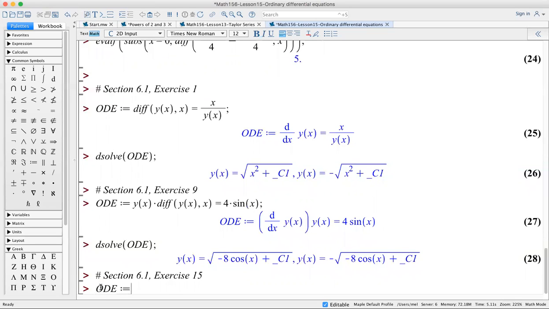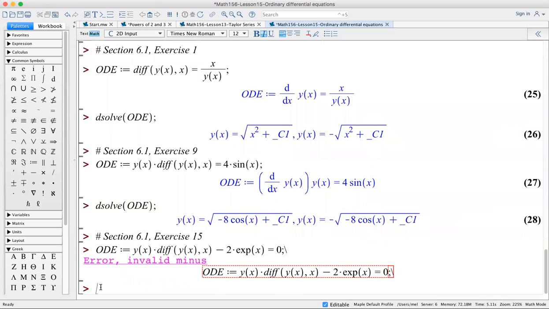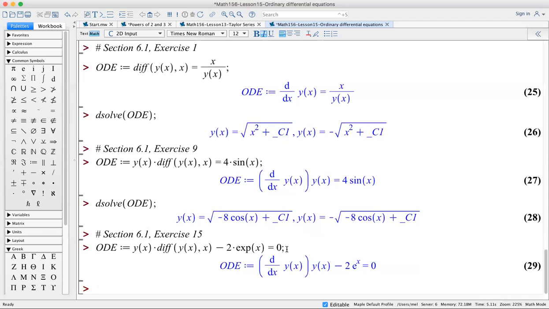So let this ODE be y of x times the derivative of y of x with respect to x minus 2 times e to the x, which I have to write as exp of x, equals 0. So y dy dx minus 2e to the x is 0.